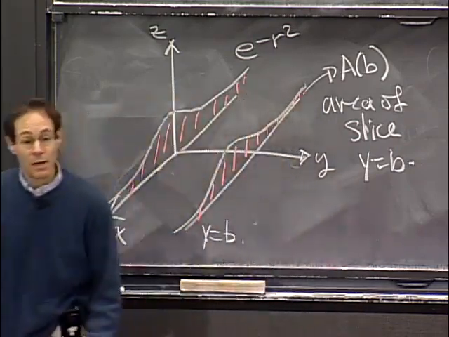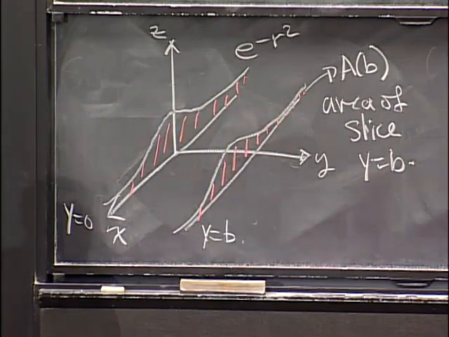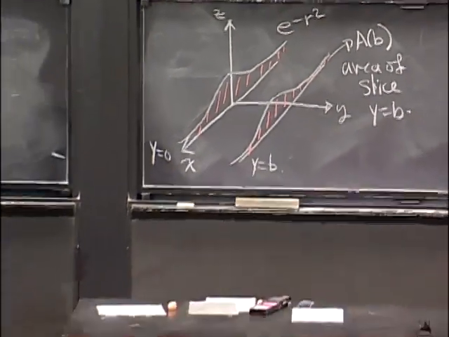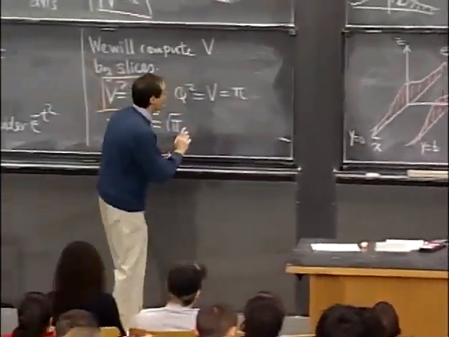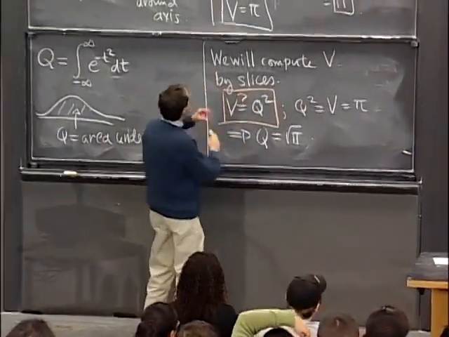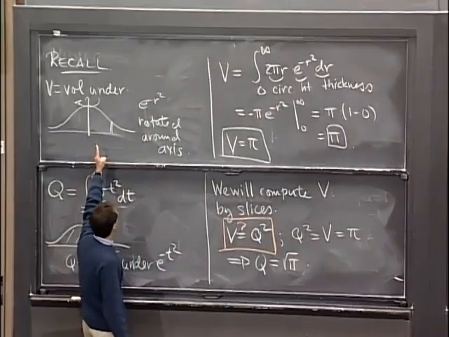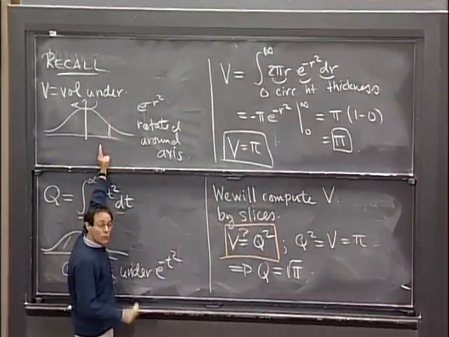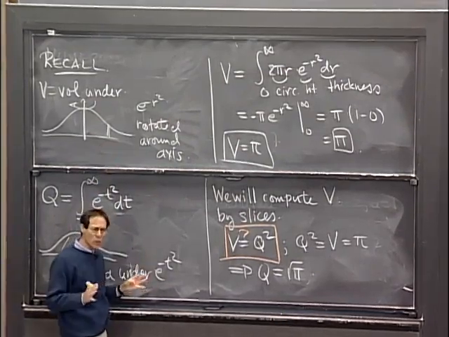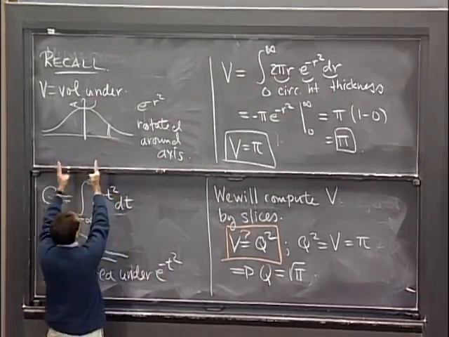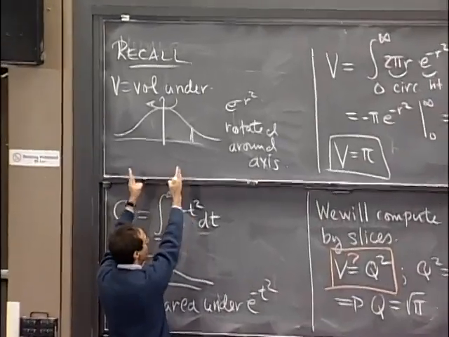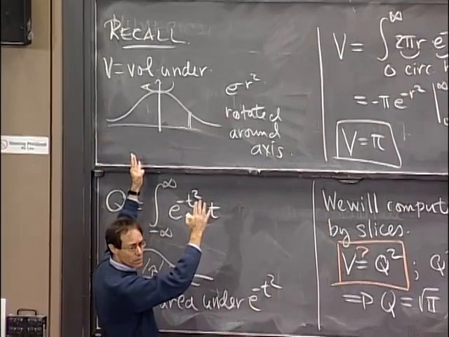Okay? Yes, question? Is the solid the rotation of this curve? Yeah, the solid, yeah. We're trying to figure out this volume here, which is the one we started out with, by slices. So first, I took a cross section and I thought about how to spin it around without actually doing that in 3-dimensional space.